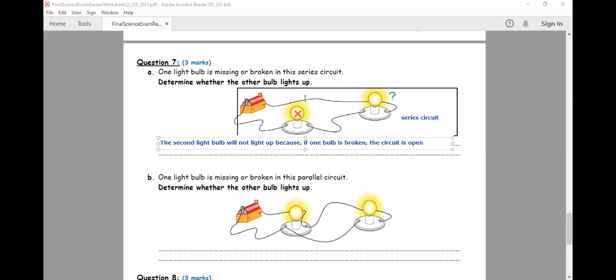And is there a current flowing through? No. The electrical current stops flowing through the circuit.